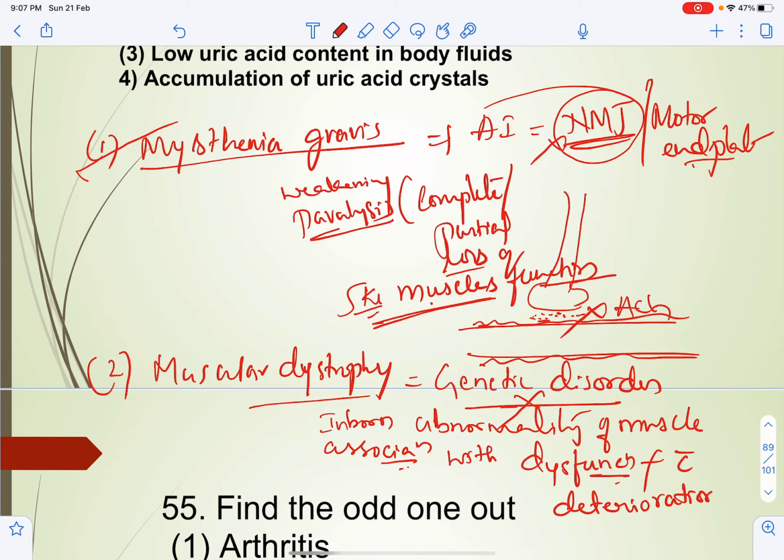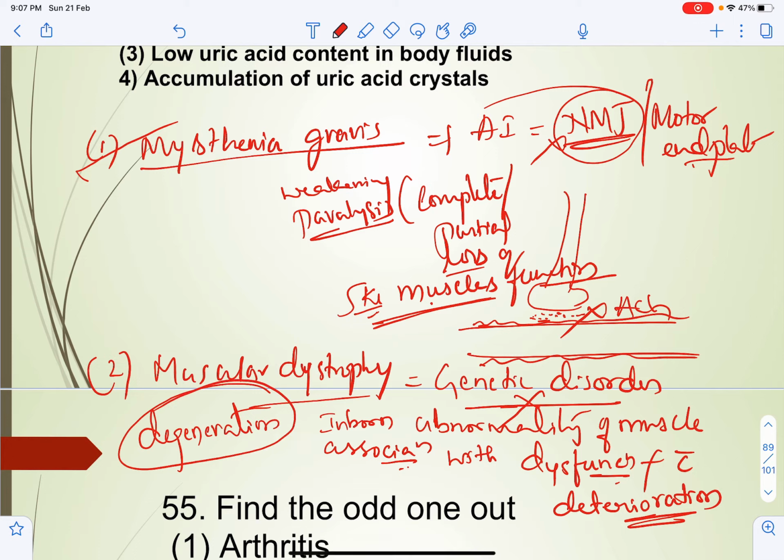Deterioration, this is very important. That means degenerates. All muscle degenerates. So degeneration of skeletal muscle due to genetic disorder, that is, a defect in gene.